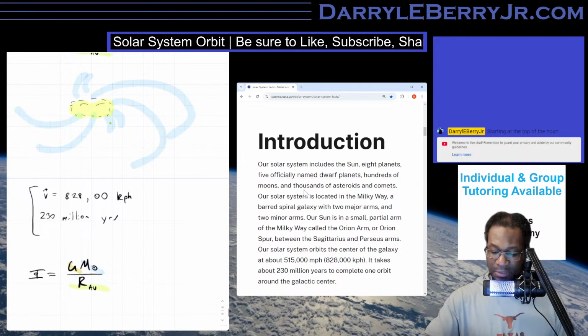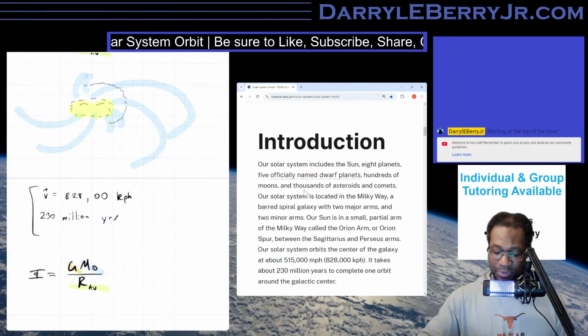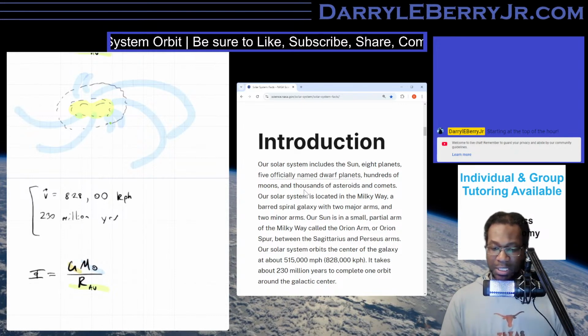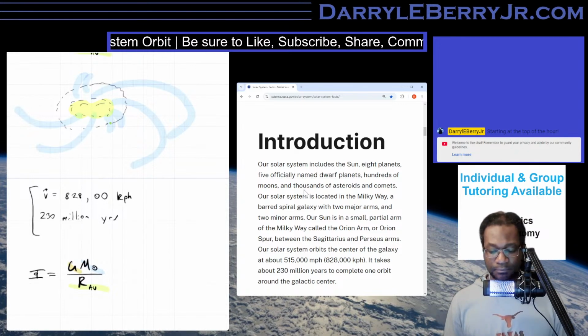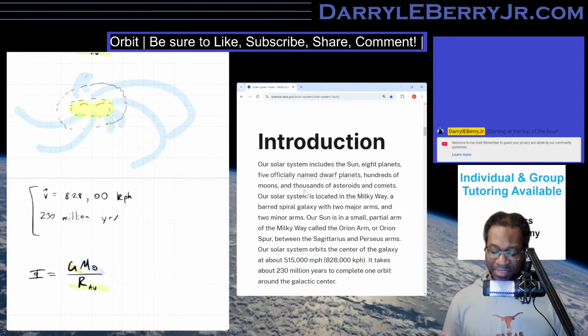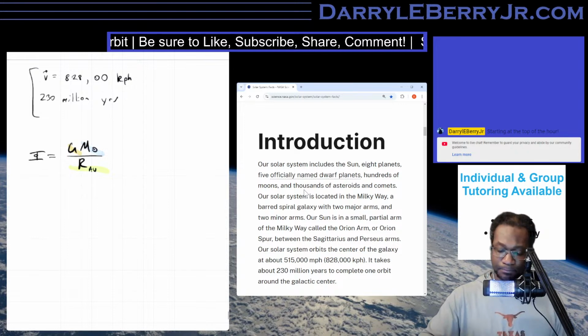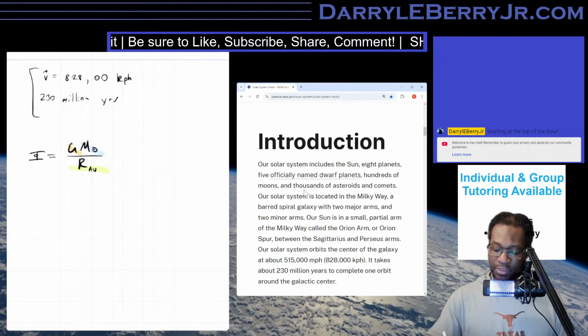So, for instance, using this formula, we're basically looking at the mass within our orbit that's affecting our revolution around the galaxy.